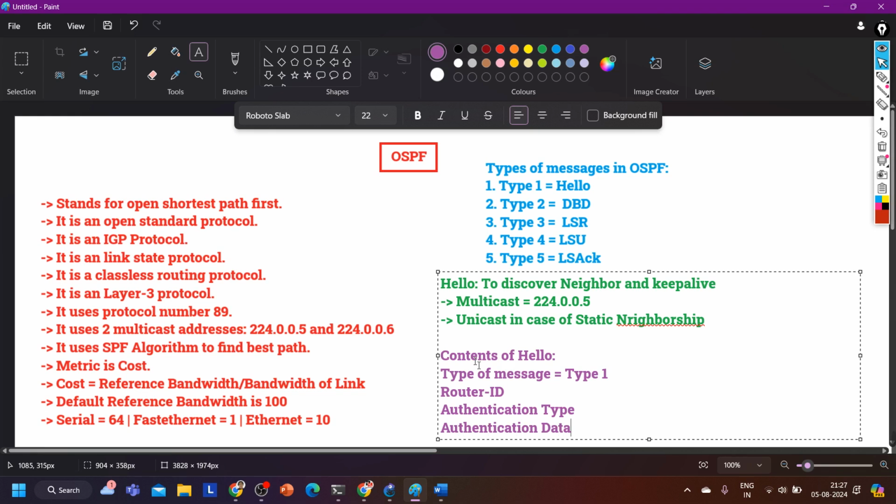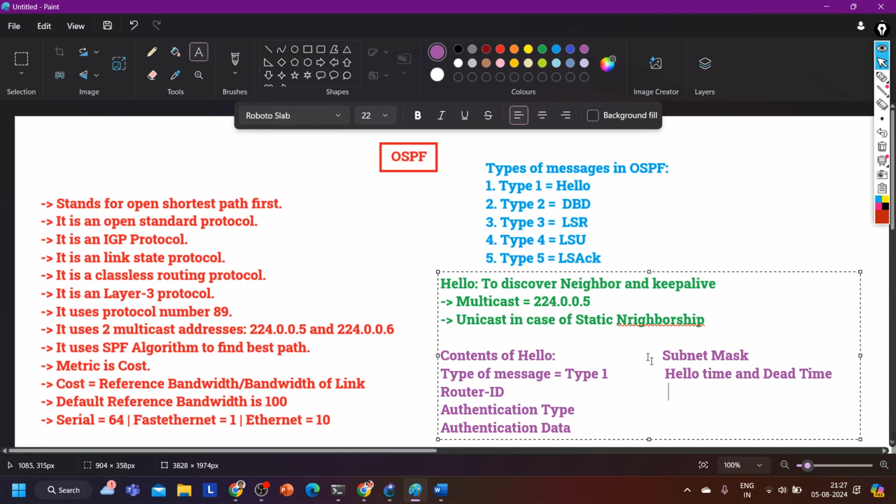Then what rest information will be there? Subnet mask. Then hello time and dead time.